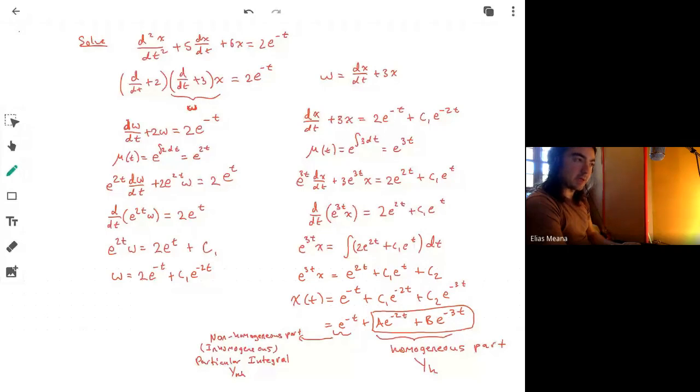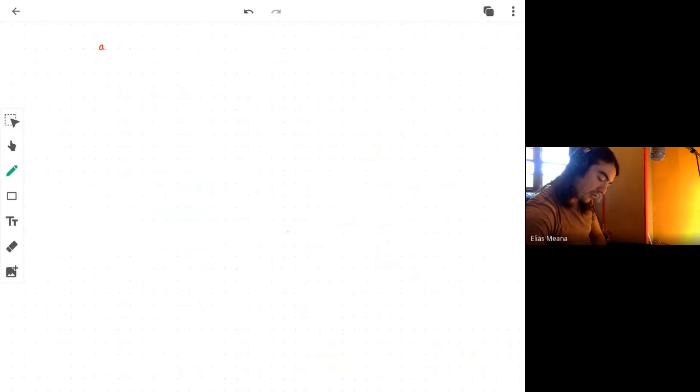So I'm going to write down the next page. All right, so what are we doing here? Let's say we have any differential equation in the form a d squared y dx squared plus b dy dx plus cy equals f of x.